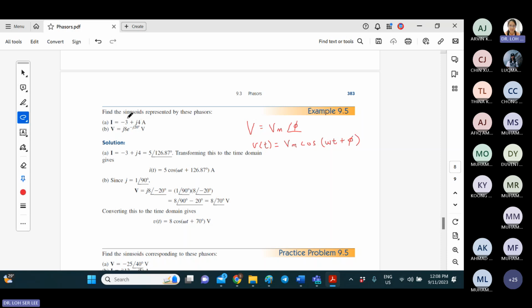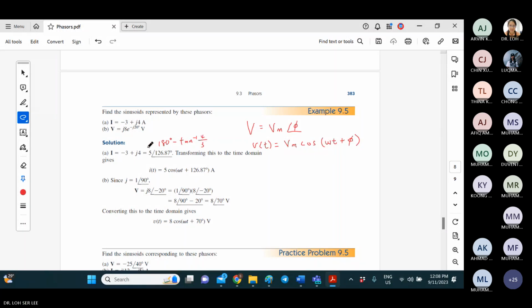Okay, now back to this question. This is in rectangular form, but what we need is VM and phi. So we have to change this from rectangular form into polar form first. Negative 3 plus j4 is in the second quadrant, so the angle will be 180 minus arctan 4/3.